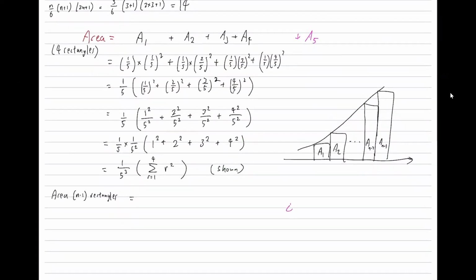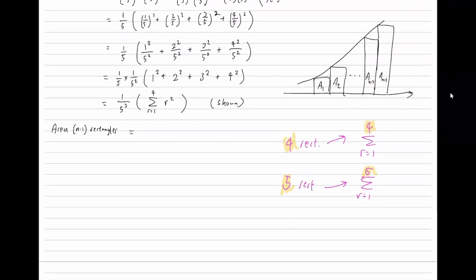Do you get that pattern? 4 rectangles, then your summation goes from r equals 1 to 4. 4 stays as 4. If you have 5 rectangles, it changes to summation from r equals 1 to 5. 5 stays as 5. If you go to 6 rectangles, what happens? Summation from r equals 1 to?